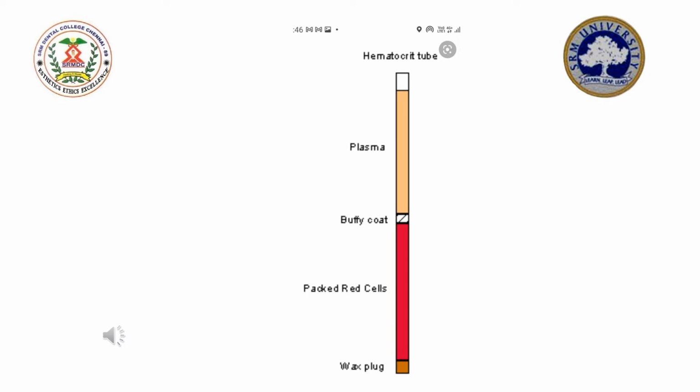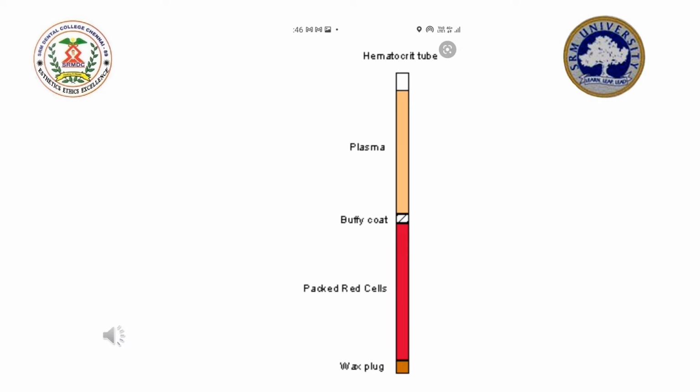The middle layer is what we call the buffy coat, which is reddish gray in color, and it is the layer formed between the RBCs and the plasma, primarily composed of WBCs and platelets. The upper layer is composed of the plasma, which is normally clear or straw colored in nature.